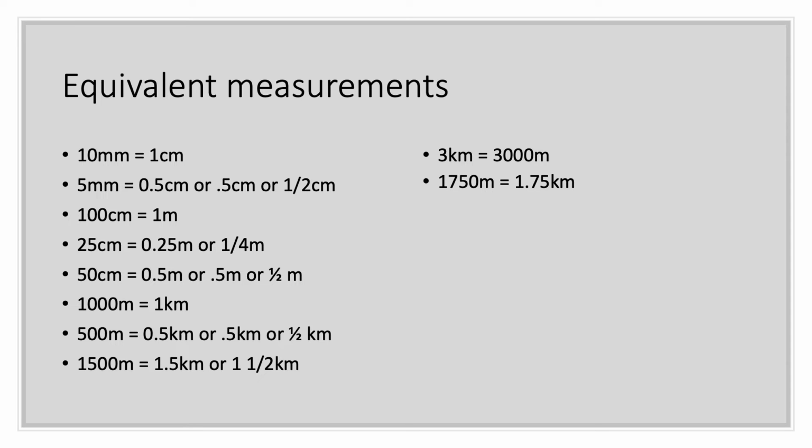I then know that 3 kilometers is the same as 3 lots of 1,000 meters, which is 3,000 meters. 1,750 meters is the same as 1.75 kilometers. I would pause this now and write all of those down for future reference. Okay?